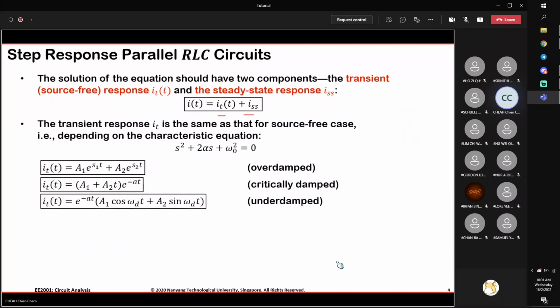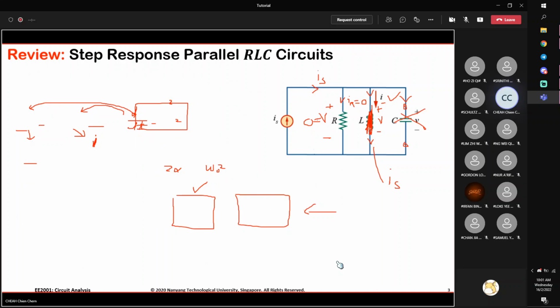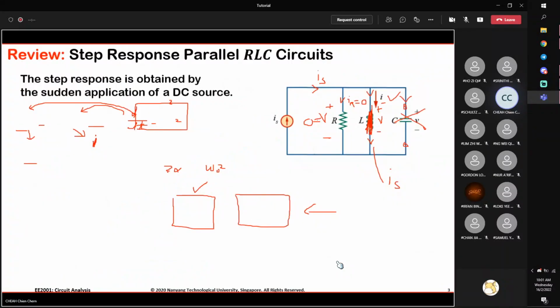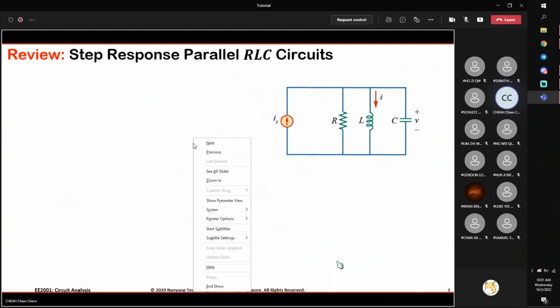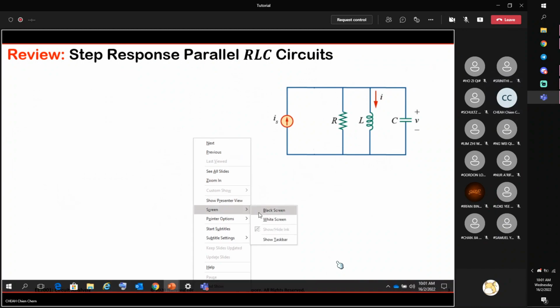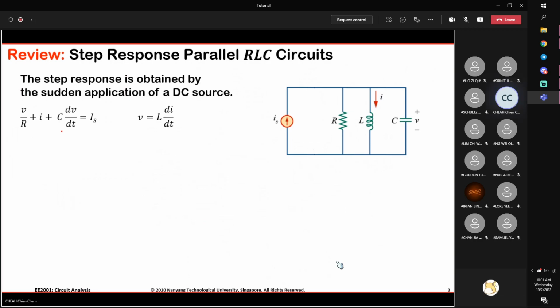You can try to derive the voltage, because here I'm interested in current, right? If you want voltage, then you should get rid of I, correct? Yep.